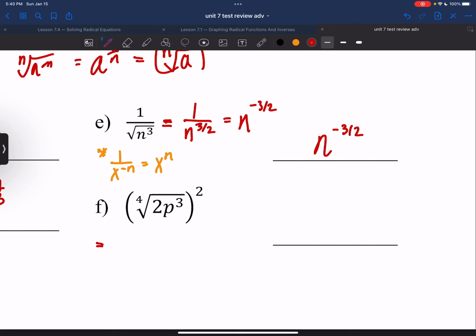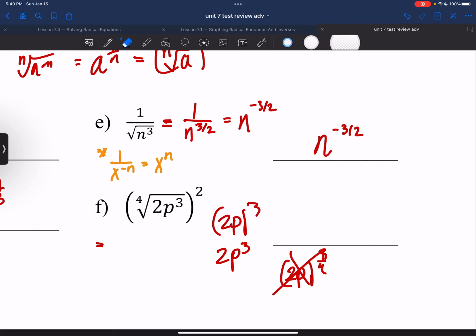Or, no, I can't do that, can I? See, my concern is it's not 2p quantity cubed, it's 2p cubed. P is the only thing being cubed in that expression. So you can't write this as 2p to the 3/4. You can't do that. No. So we have to fiddle with this a little bit.